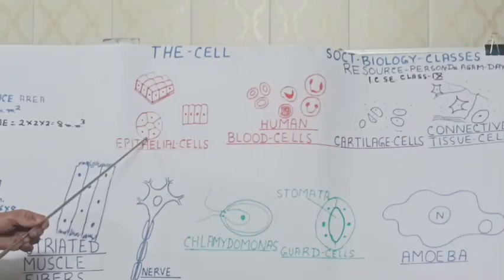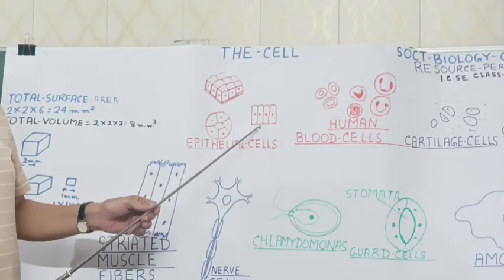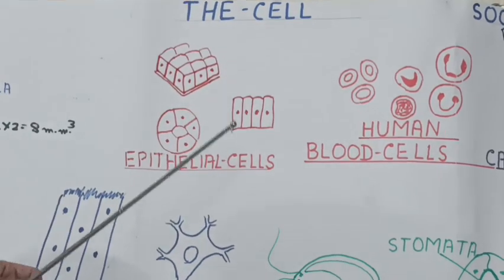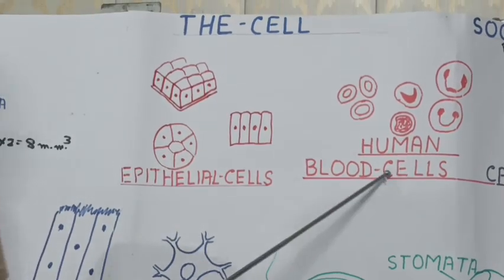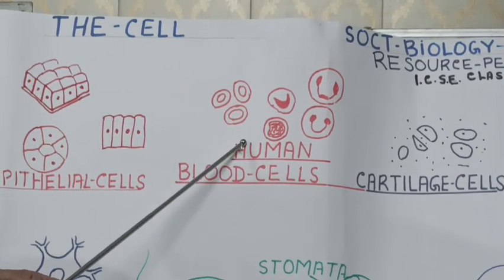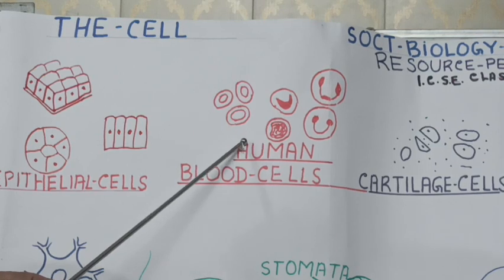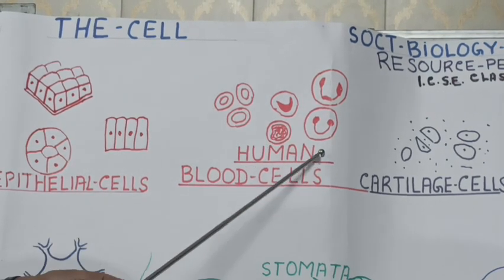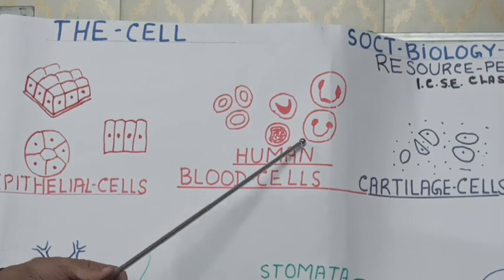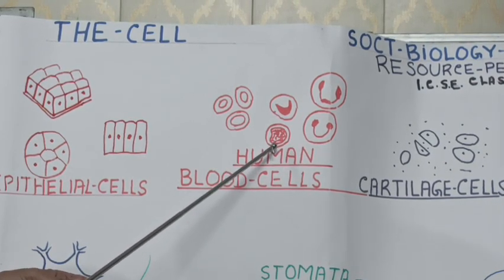Epithelial cells may be cubical, rectangular. Similarly, we have blood cells. RBCs are pop-shaped, biconcave, very small cells. WBCs have different shapes of nuclei. They fight against diseases.